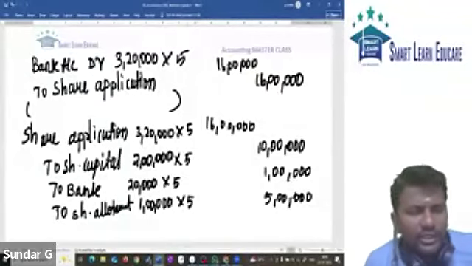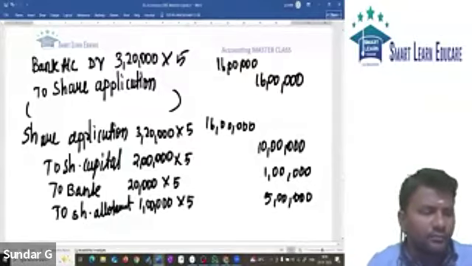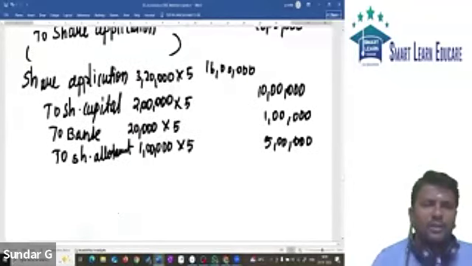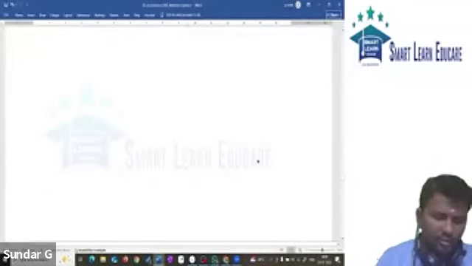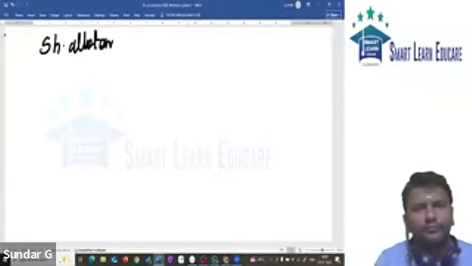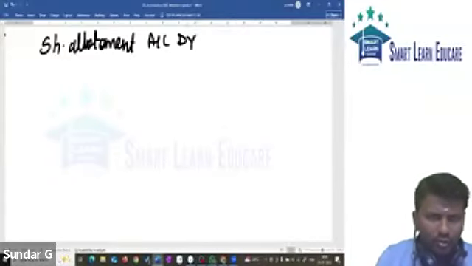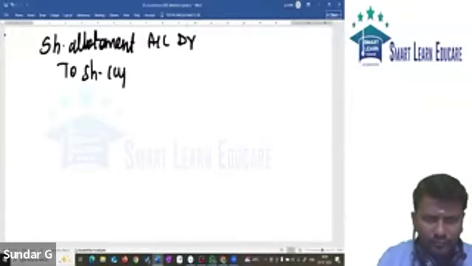In the first two entries, application entry and allotment. Okay. Now proceeding further. Application is over. Next, allotment. Share allotment due. Share allotment account debit to share capital and securities premium.